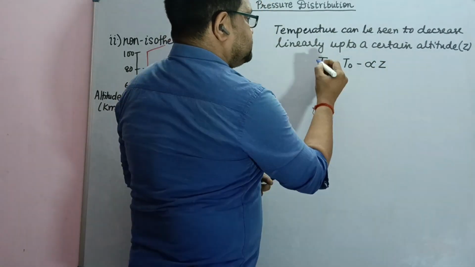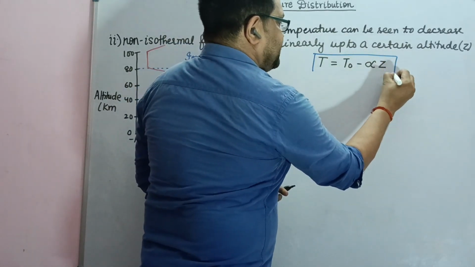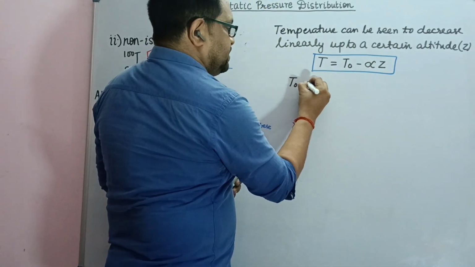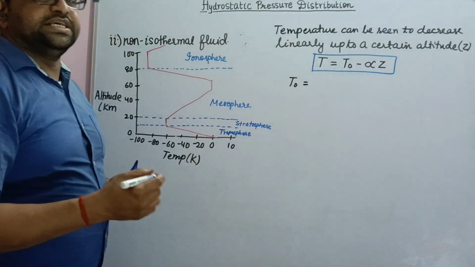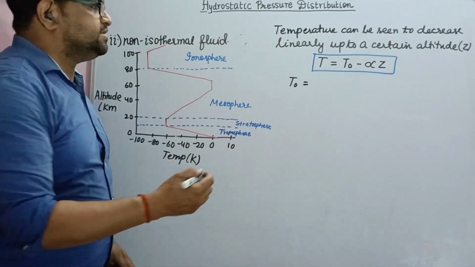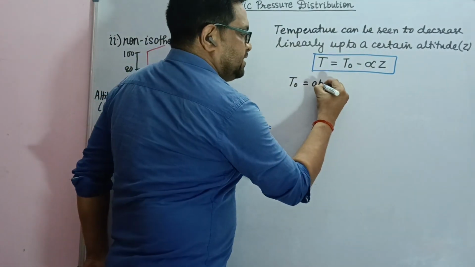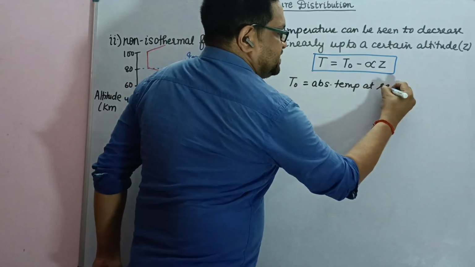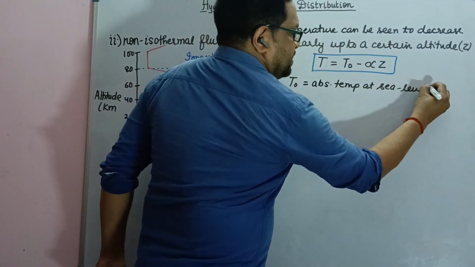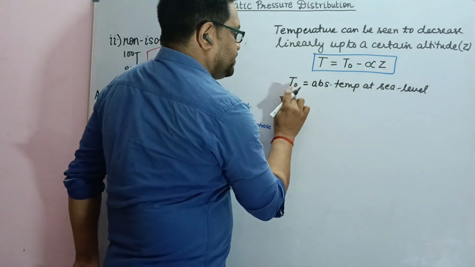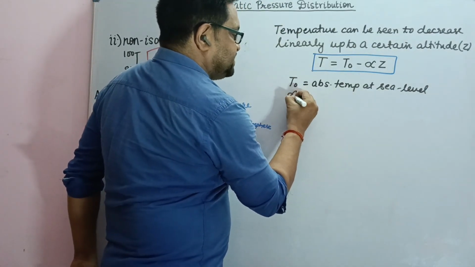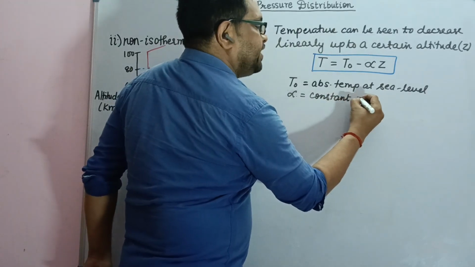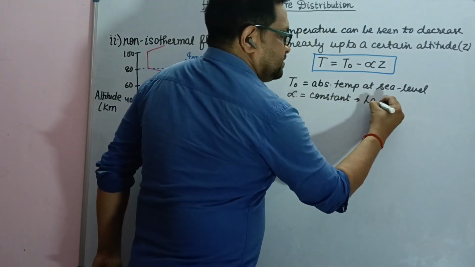Now, in this equation, T naught represents the absolute temperature at sea level, Z is the altitude, and alpha is a constant which is known as the lapse rate.